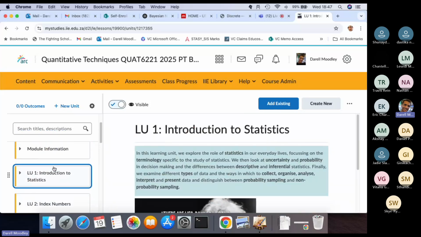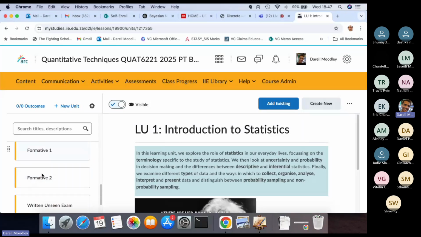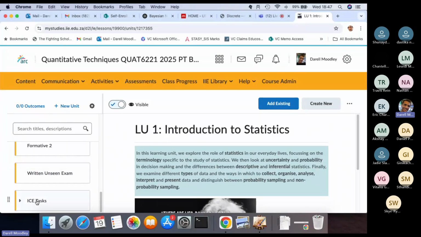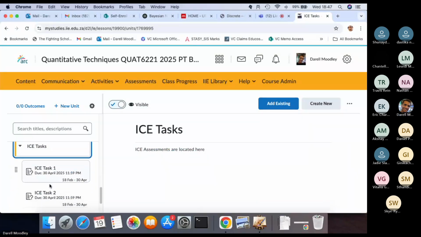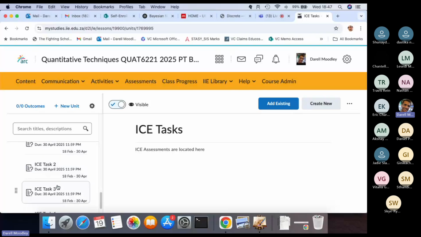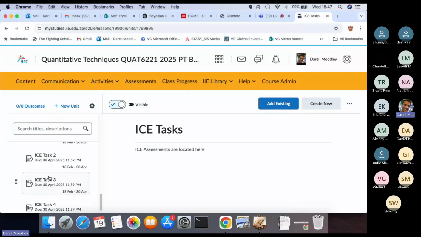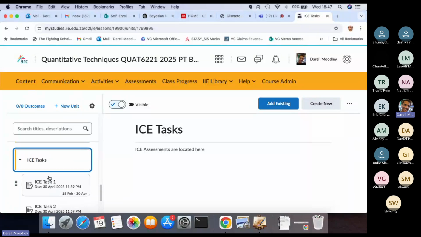If you go right to the bottom of your units, you will see your ICE task there. There's a unit for ICE. If you click on that, you'll see all your ICE tasks, and it'll even tell you the due date. All ICE tasks are due 30th April, all of them, and there are only 4 of them.